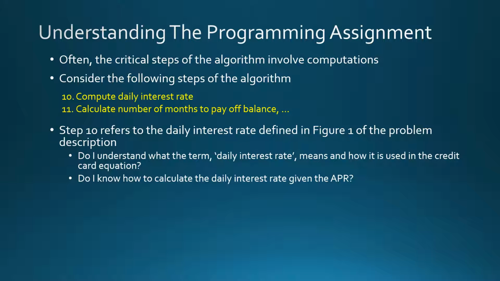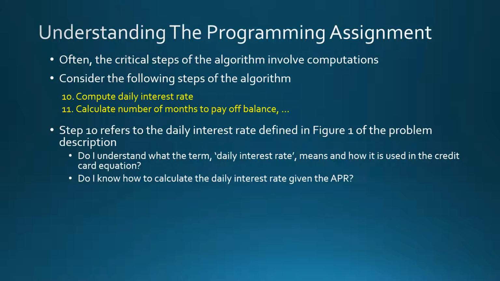All right, given that I've done that, do I understand what the term daily interest rate means? Because that is a technical term from the problem domain of computing the remaining balance of a credit card. Do I know how it is used in the credit card equation? The credit card equation is what's shown in figure 1.